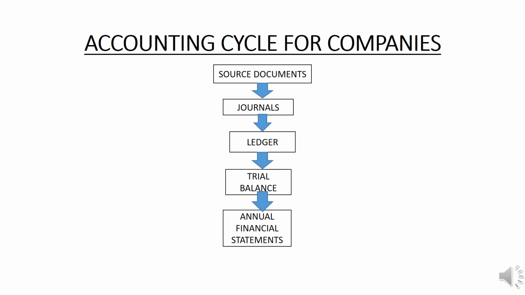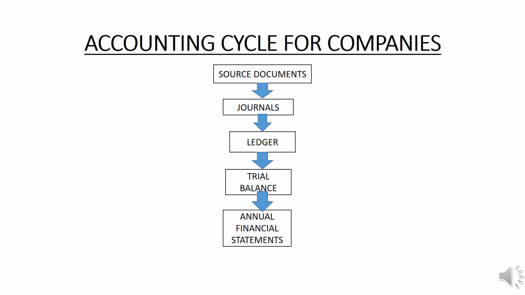So if we are referring to journals or books of prime entry, we are referring to the journals that we use to record, or to introduce, an entry for the first time. We use information directly from the source document to record in your journals.